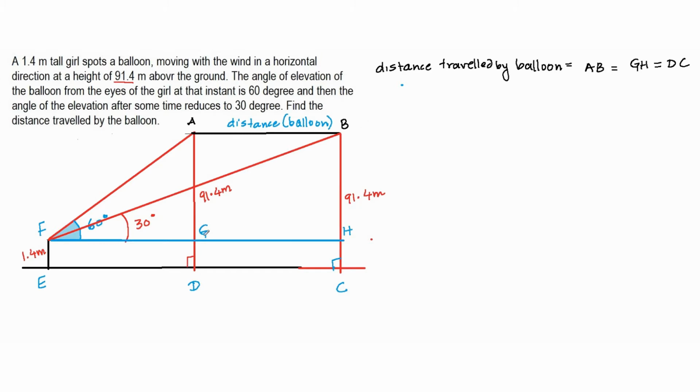ABHG is a rectangle. Similarly, GHCD is also a rectangle. So now I am going to pause for a minute, take a look at the question and the diagram, and then we will see how to find the solution.